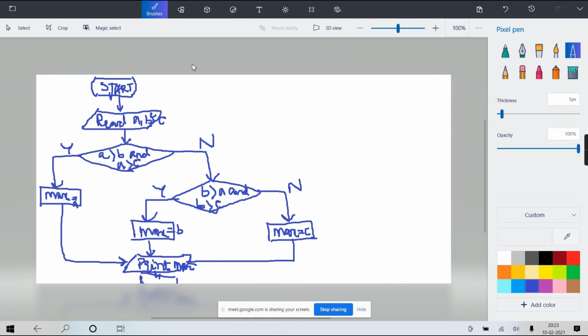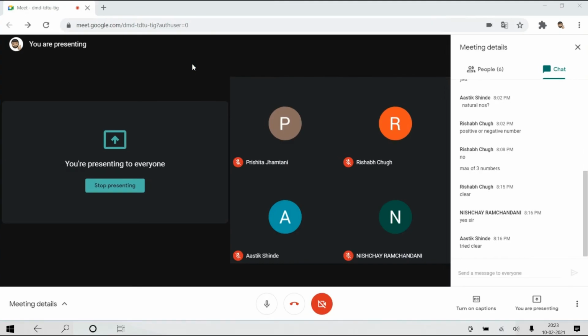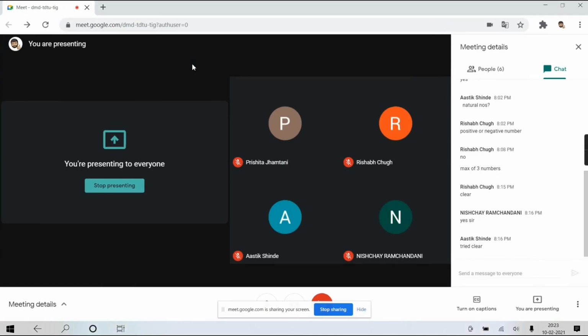Okay, can anyone analyze why the max of 3 which I showed and the max of 3 which Prishita has drawn are both going to give you the same ultimate result?